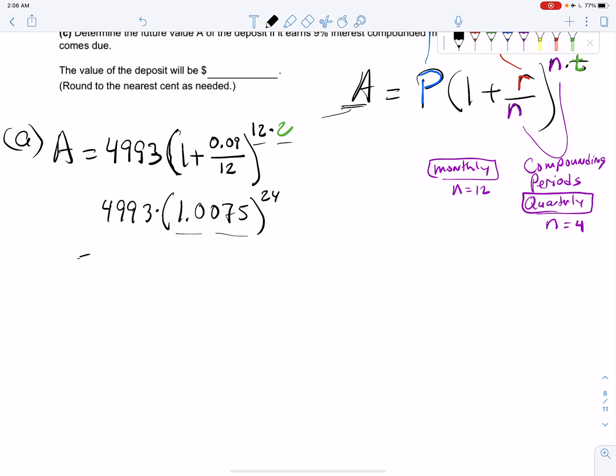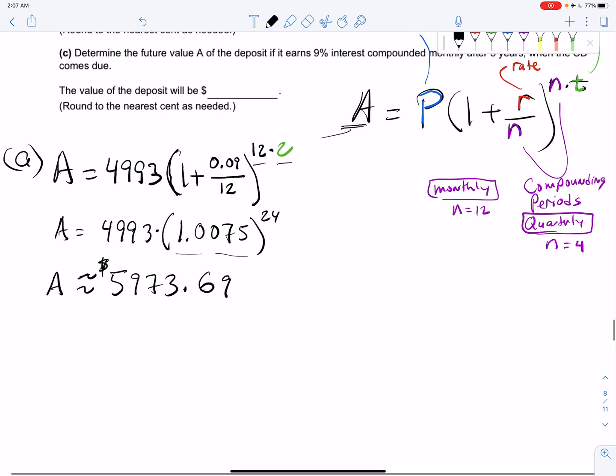And then when you do all that, we're going to get an approximate value of $5,973.69, and these are dollars. So that's what is accumulated in the future value of 2 years with an interest rate of 9% compounding monthly, starting with $4,993. All right, there's the first one.